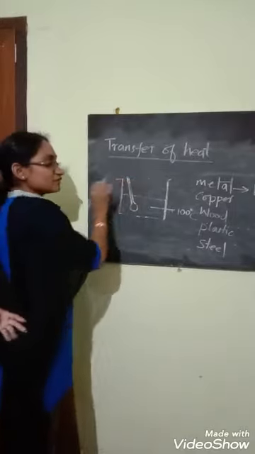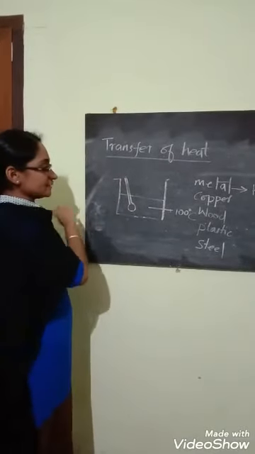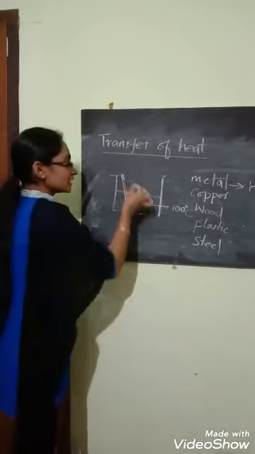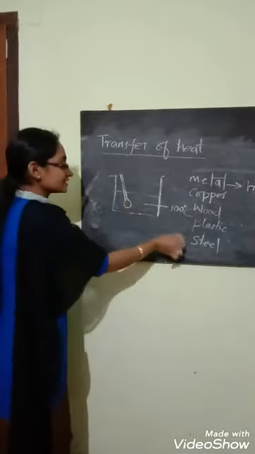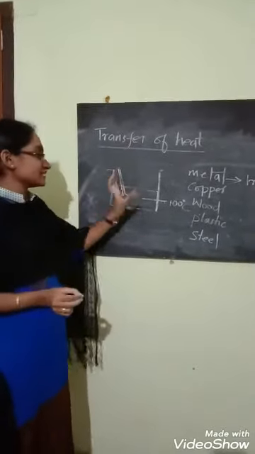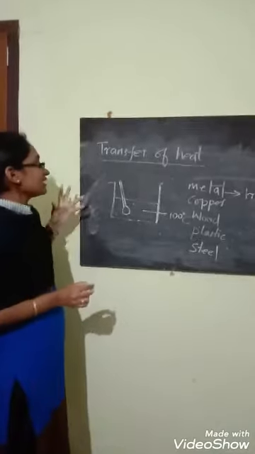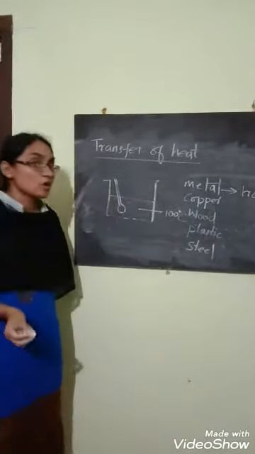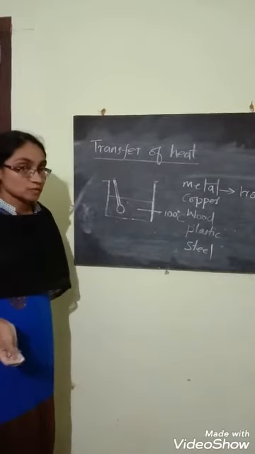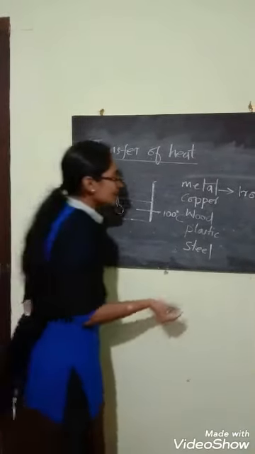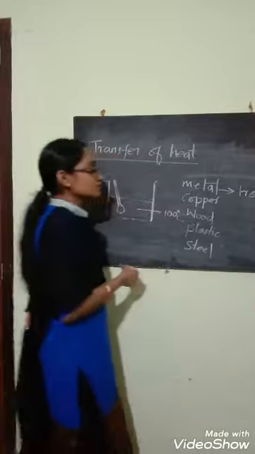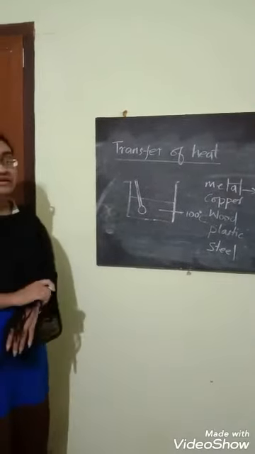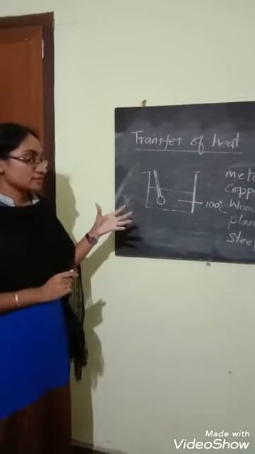This is the thing we want to measure in this experiment. I am putting the copper, wood, plastic and steel spoons inside this beaker. Does the plastic spoon get hot? No. And what about the wood? The wood also will not get hot.